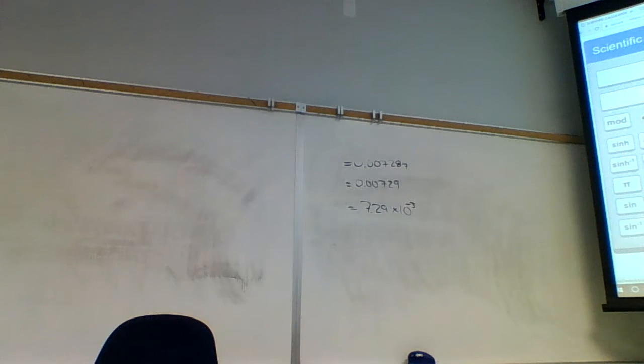All right, let me redo that again. 4.36. Unfortunately, I can't use the keyboard either. 4.36 times 10 to the 8 times. Well, what's wrong with that number? Why is it giving me this? 4.36 times 10 to the 8 times 1.82.